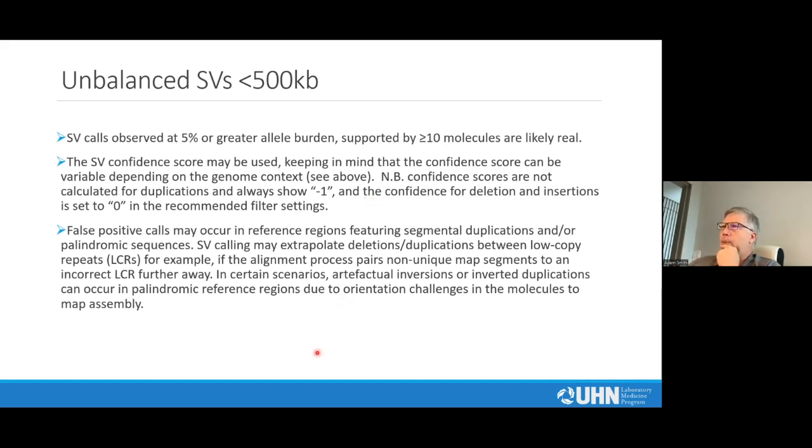And so one of the problems we do run into are the false positive calls or artifact calls that we see in regions with segmental duplications and/or palindromic sequences.